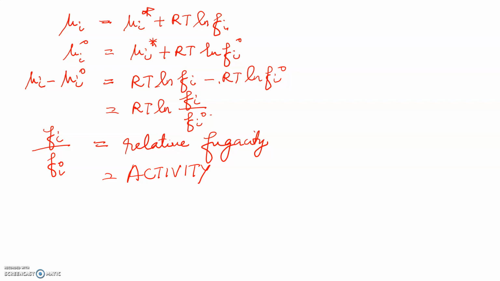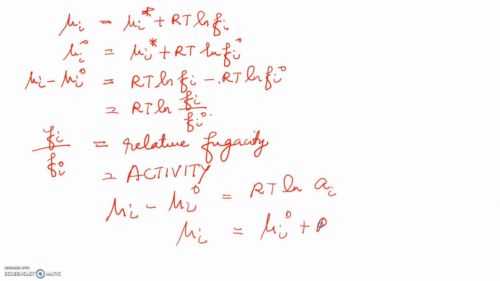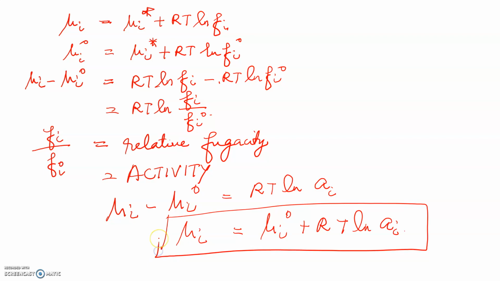So, rewriting this equation, mu I minus mu I0 is equal to RT ln activity, which can be represented by AI. Rearranging, mu I becomes equal to mu I0 plus RT ln AI. Now, we have chemical potential in terms of activity. Earlier we had chemical potential in terms of fugacity, and now in terms of activity. These two equations are very important.